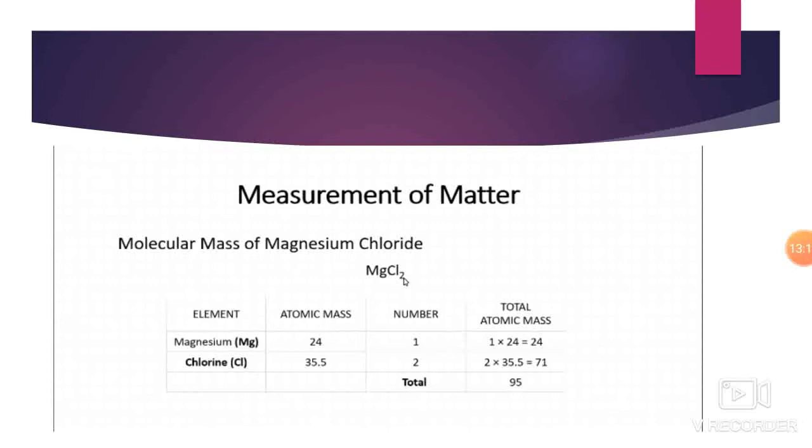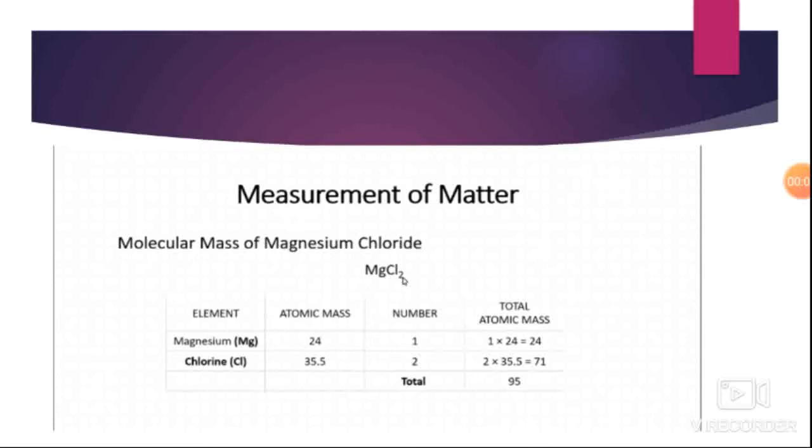So we will multiply 1 into 24 and 2 into 35.5. Chlorine atomic mass is 35.5, and 35.5 into 2 is 71. So now we will add both of them. 71 plus 24 becomes 95. So that is the molecular mass of magnesium chloride.